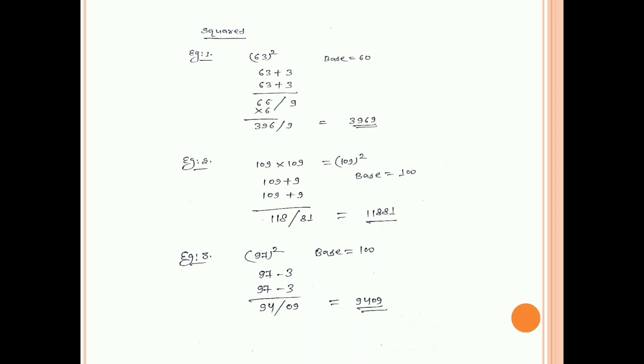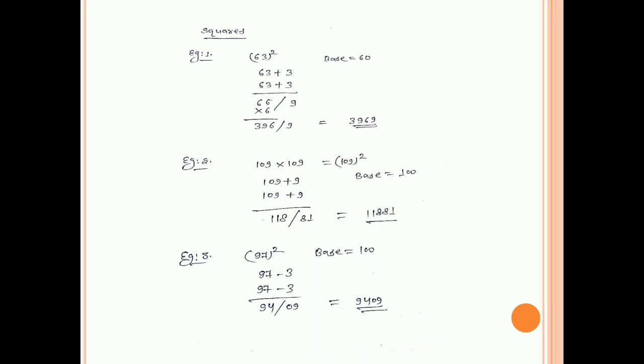So we will choose base as 60, 63 plus 3, 63 plus 3, since 63 is more than 60 by 3. We multiply 3 and 3 to get 9, 63 plus 3 gives 66. Since it is 6 times of 10, we multiply it by 6 and get 396 slash 9. So our answer will be 3969.